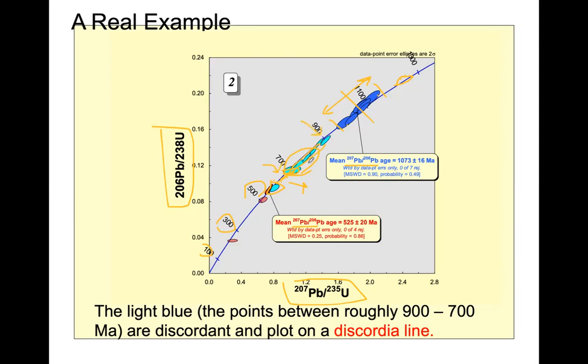So that means this light blue set of samples has been heavily affected by some metamorphism or something, right? That's why they become discordant. Here you can see some of the ellipses plotting outside of the Concordia. They may have suffered some uranium loss or something, right? That's why they are going outside. Otherwise they should plot along the Concordia.